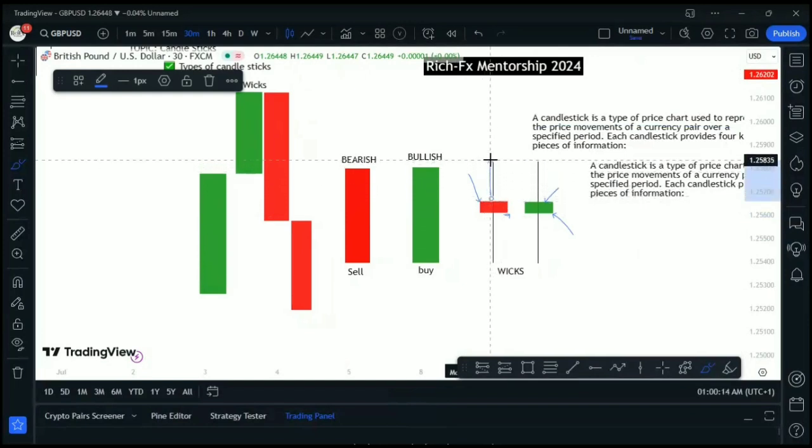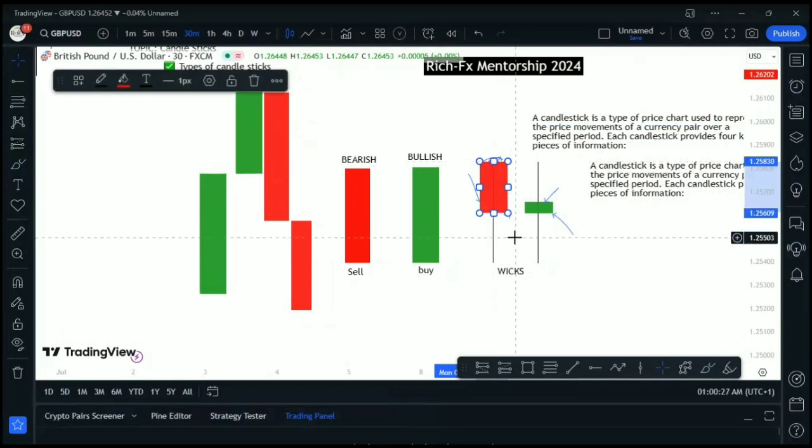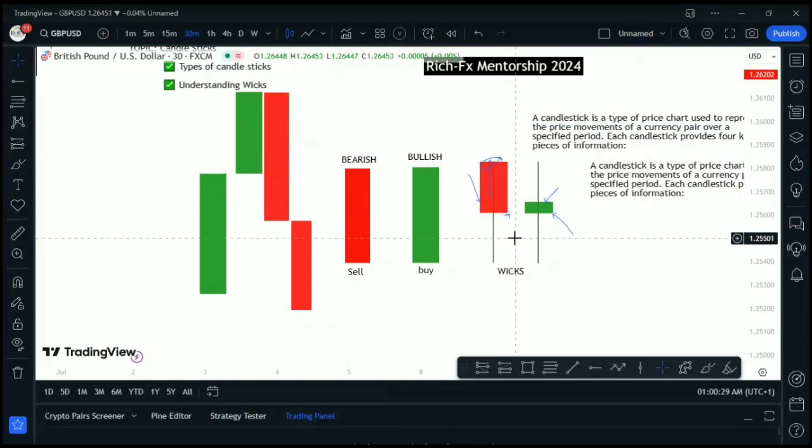If the market had closed here, then this candle would be around this zone. But the market actually visited that point, then came back and closed here. Do you understand? I'm making it as simple as possible so you can grab it.